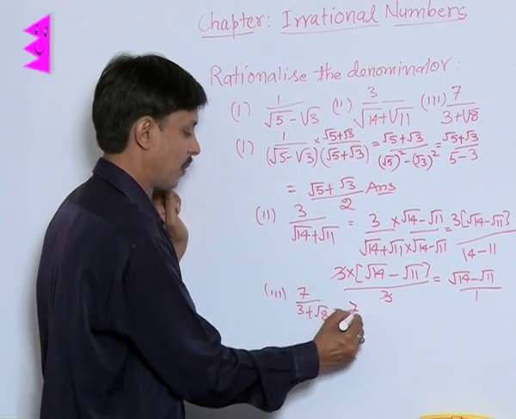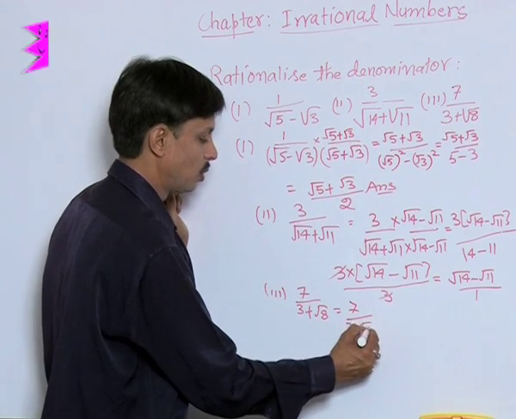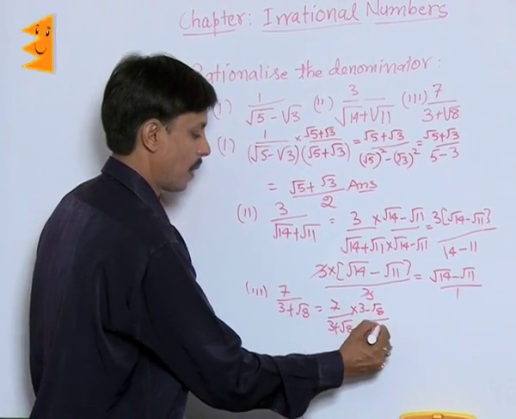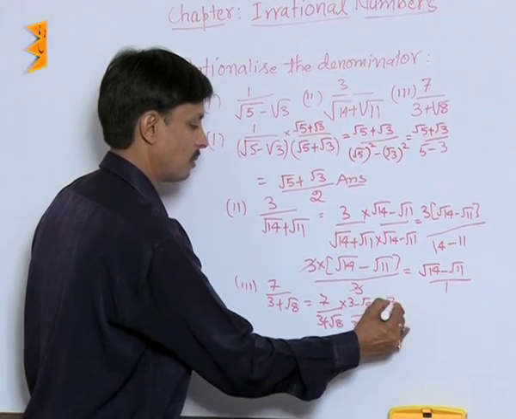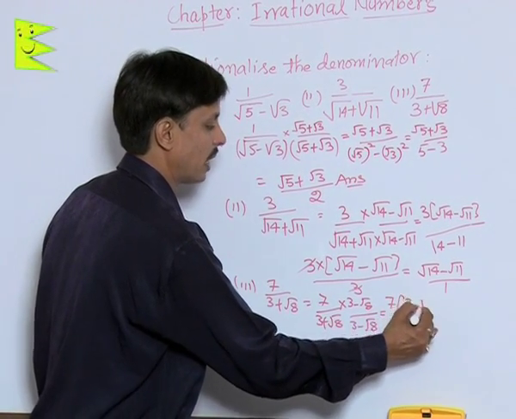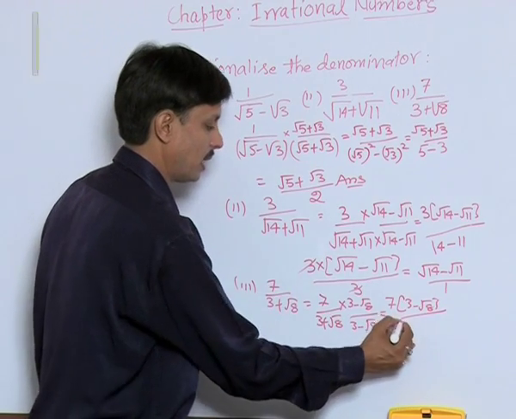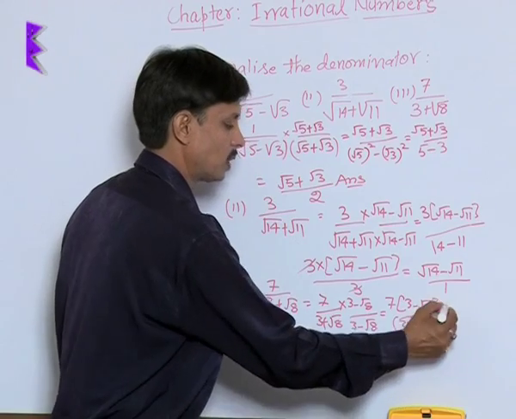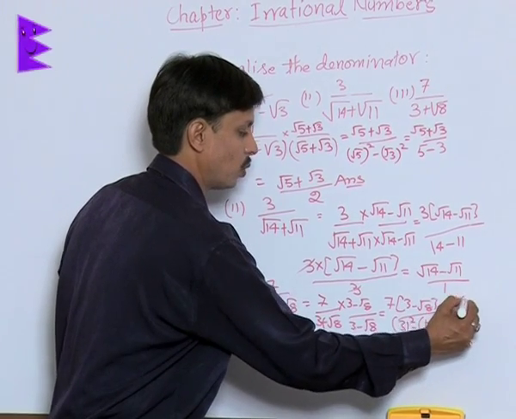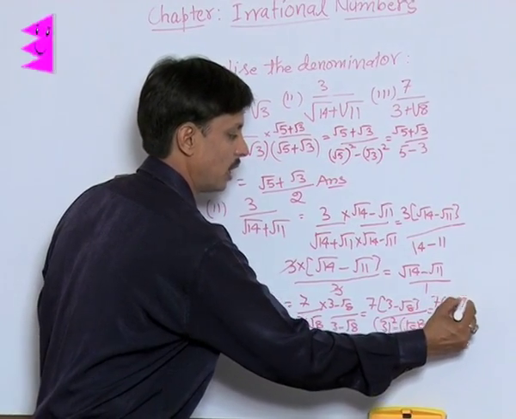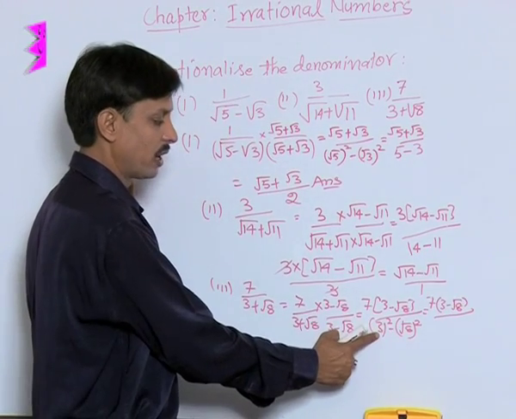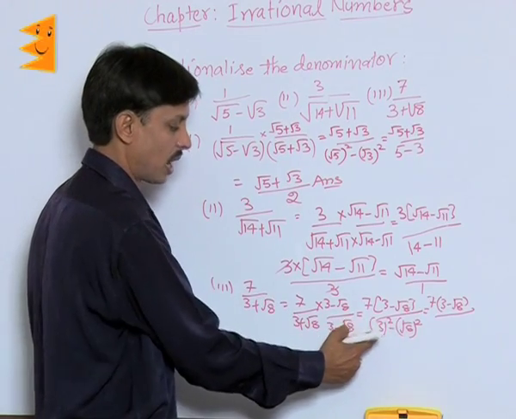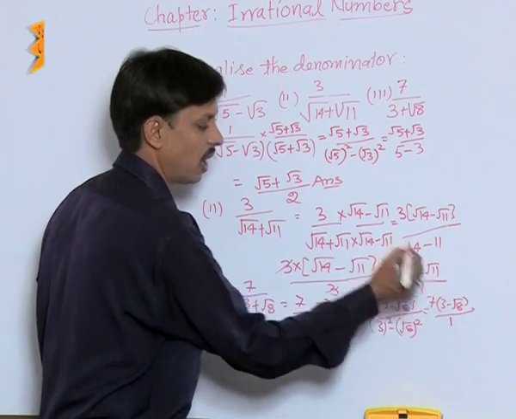This becomes 7 upon 3 plus root 8 multiplied by 3 minus root 8 upon 3 minus root 8, which becomes 7 times 3 minus root 8 divided by 3 square minus root 8 square. 3 square is 9, root 8 square is 8, so 9 minus 8 becomes 1.